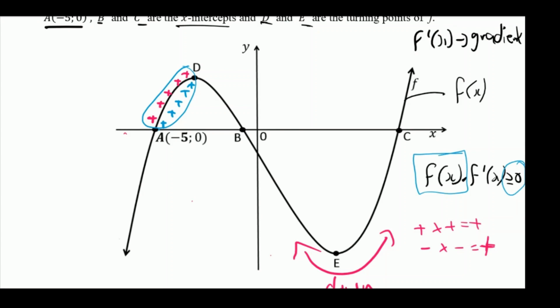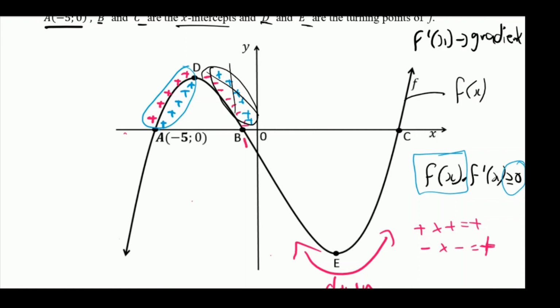And then let's try out here. Here the gradient is decreasing, so it's negative, but the y values are positive. So this will not work because a positive times a negative gives us a negative. And then we try out here.